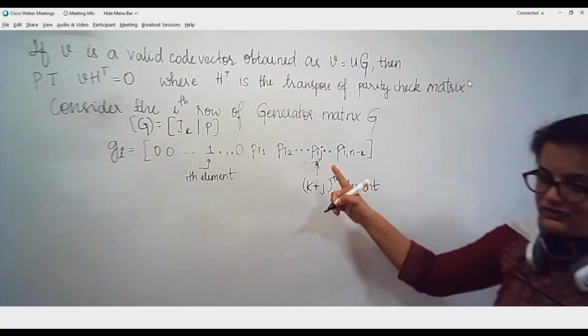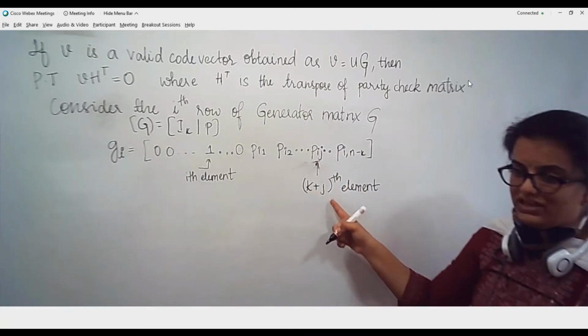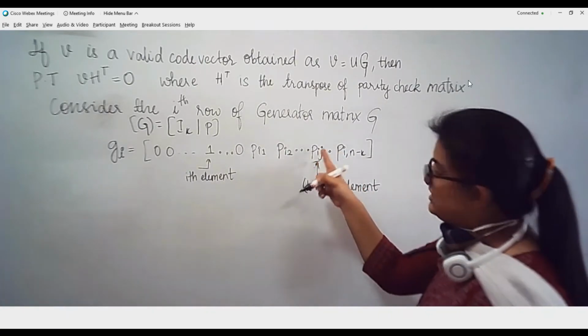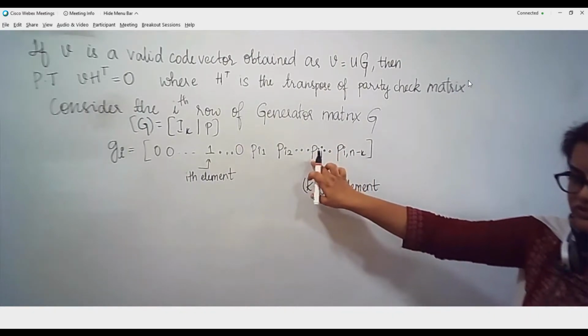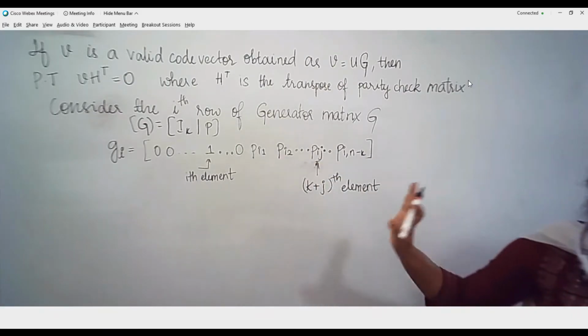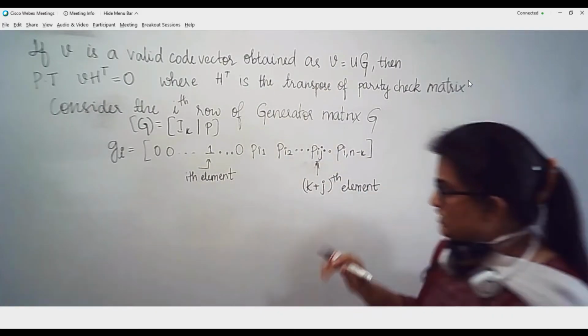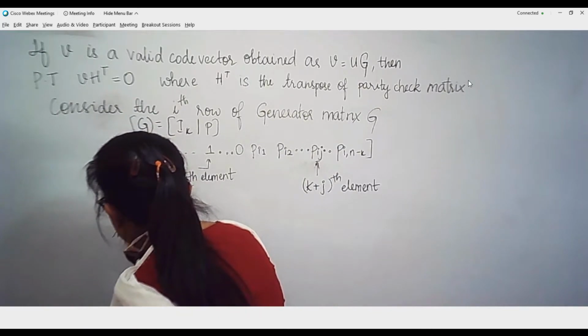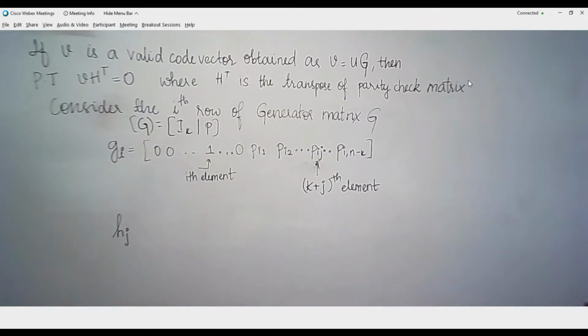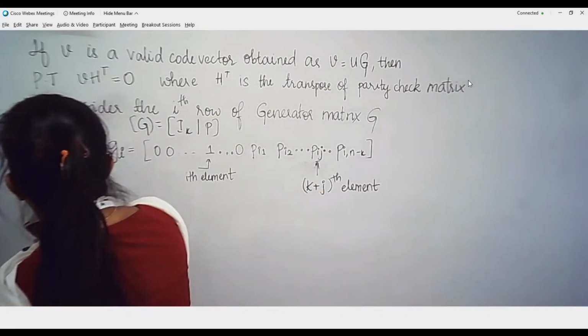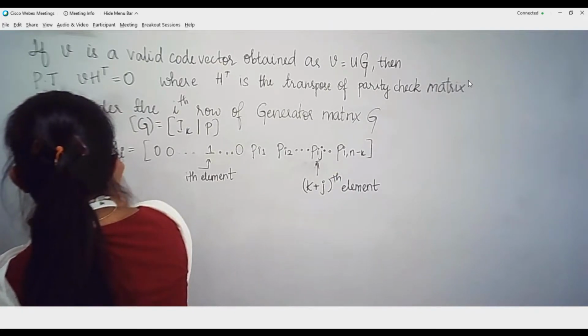The indexing for this Pij would be the k plus jth element. We have taken a more generalized column over here rather than a particular column. This is necessary, keep this in mind. This is the ith row of G.